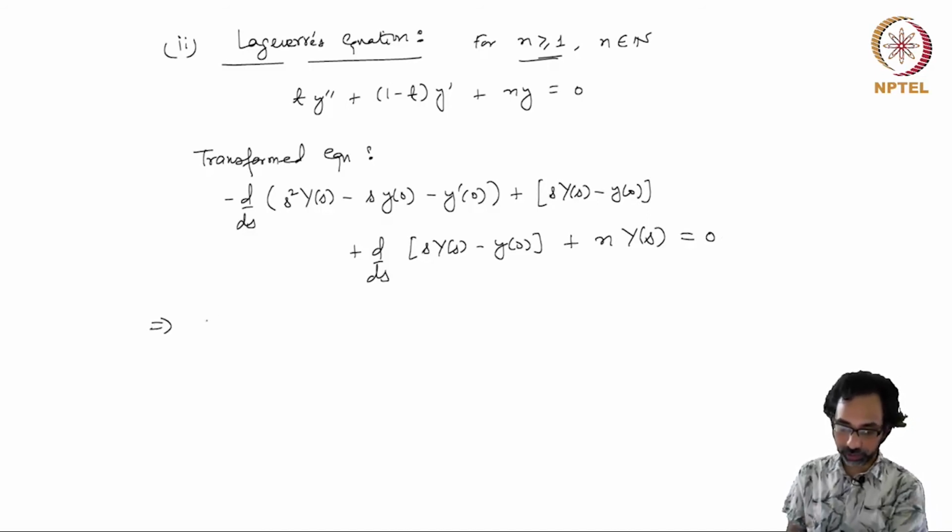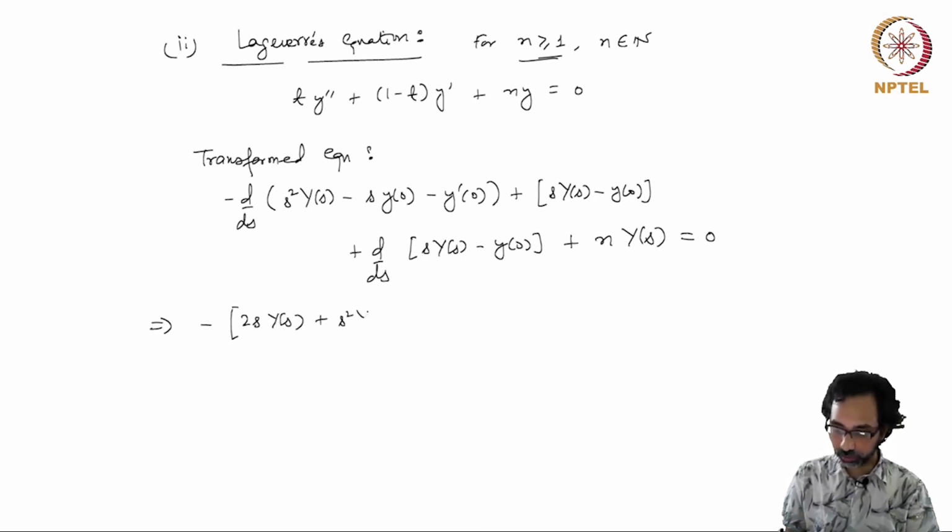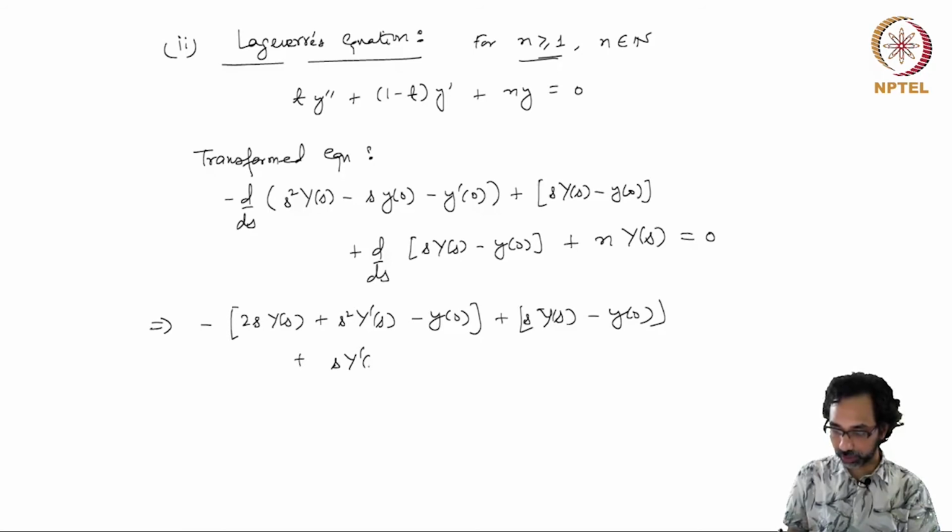So let's see what we get. For the first one you get minus 2sY(s) minus s square Y prime(s) plus y(0). This is the first term. Then you get sY(s) minus y(0). This is the second term. The third term is sY prime(s) plus Y(s), and the last term is simply n times Y(s).